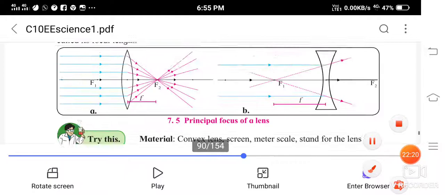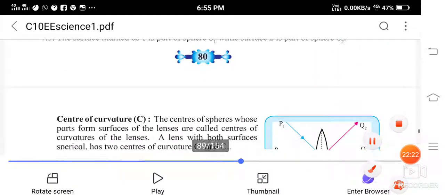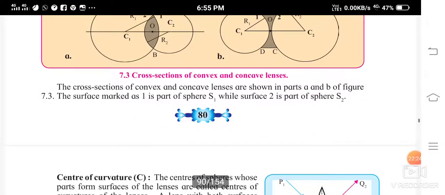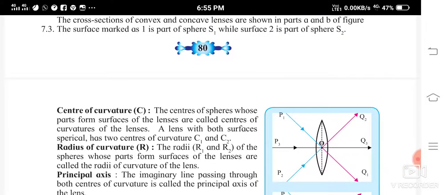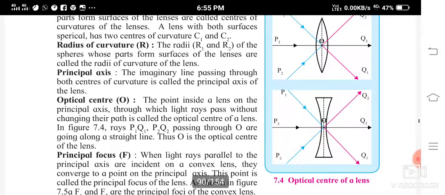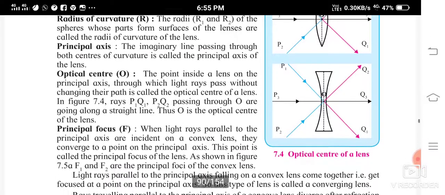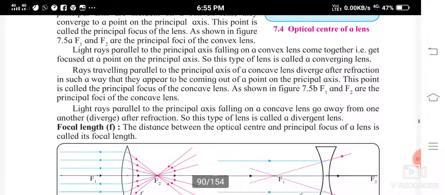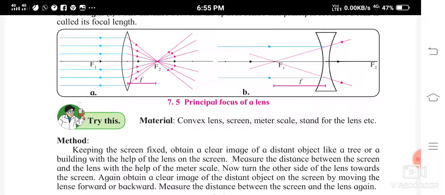I am sure you have understood these general terms used regarding the concave lens and convex lens: center of curvature, radius of curvature, principal axis, optical center, principal focus and focal length.